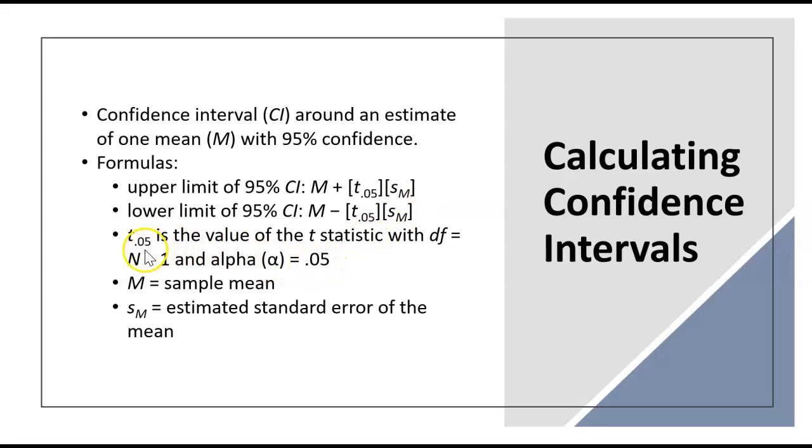The t with the subscript of 0.05 is a value of a t statistic that you would look up in a table with a degrees of freedom value of n-1. So the alpha, the p-value, is going to be 0.05 for the test. M is the mean of the sample, and the S sub M is the estimated standard error of the mean. I misspoke earlier. I think I said standard deviation of the mean.